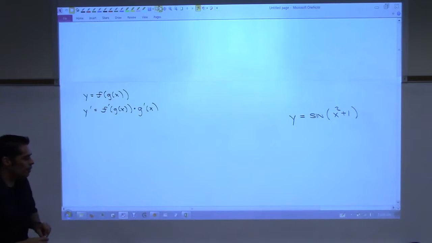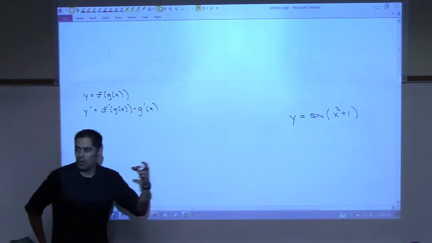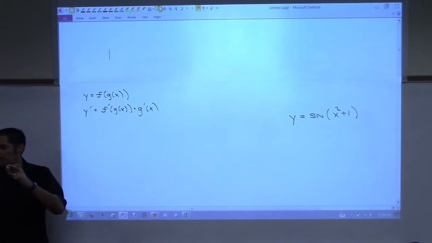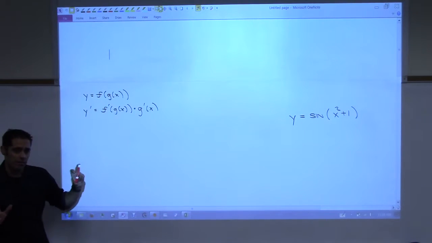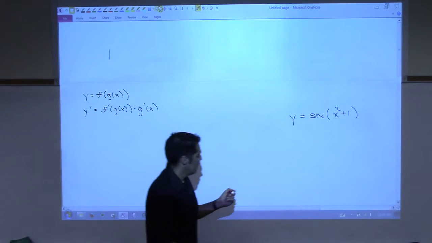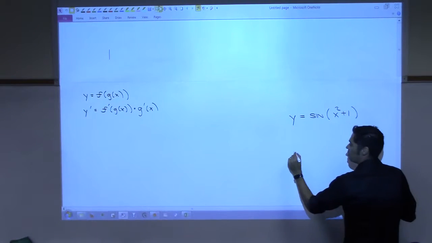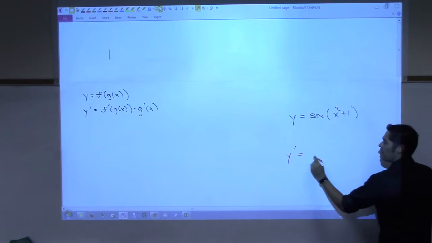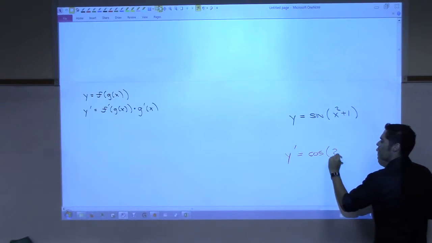I've already told you before, I hate to put mistakes on the board. But I think it's important to see what students do incorrectly so that you can avoid it, all right? And this is the wrong thing, and this is what students do. Some students will say the derivative of this is cosine of 2x.